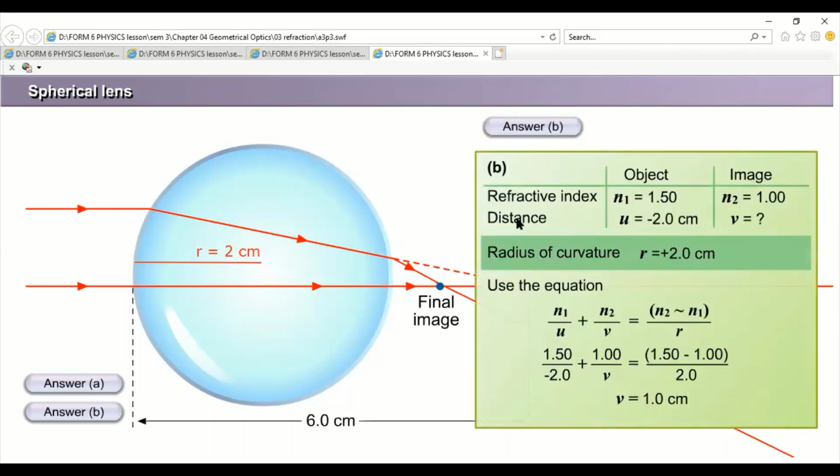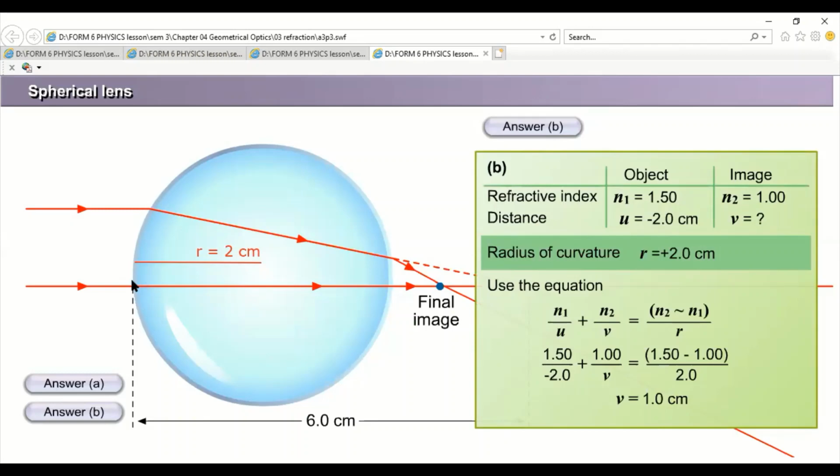So from here, refractive index n1 outside is 1.5, n2 is 1. So u is -2 because it is a virtual object. Virtual object, because that is the first image formed by the left side of the curved surface.